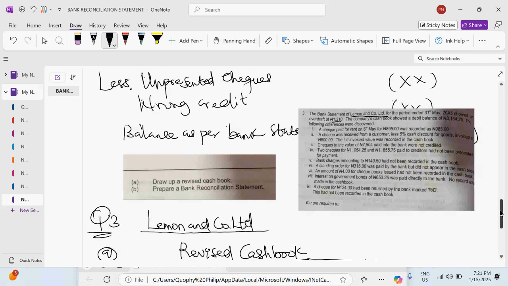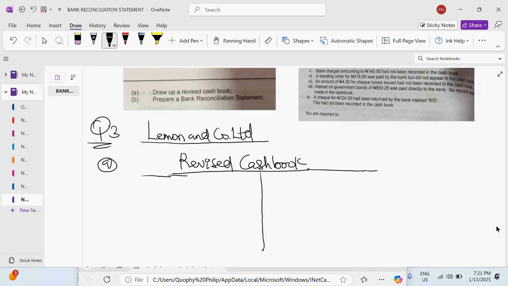The company's cash book showed a debit balance of 315.25. So this is the balance from the previous period. Cash book is an asset, so it has a debit balance. And the currency is Naira.